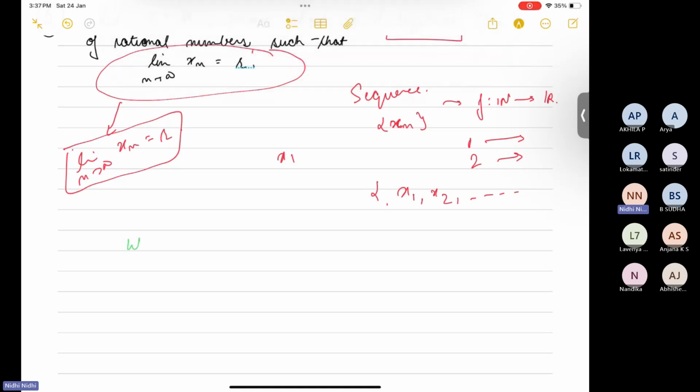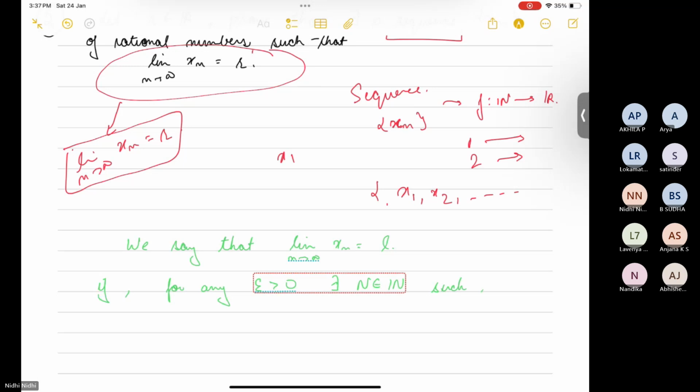So we say that limit n tending to infinity xn is, suppose, L, if for any given epsilon positive, there exists a natural number capital N such that mod xn minus L, which means the distance between xn and L, is strictly less than epsilon for all n greater than or equal to capital N.